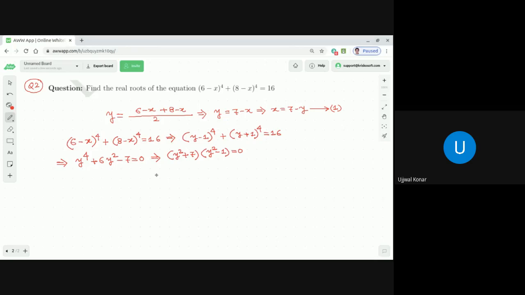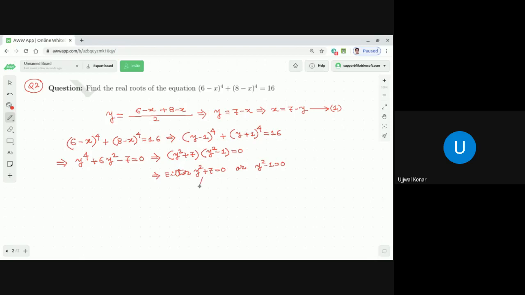Clear or not clear? So this implies either y square plus 7 equal to 0 or y square minus 1 equal to 0. Now think about it, dear student: y square plus 7 equal to 0 means y square equals minus 7, that means y equals plus minus square root of minus 7.